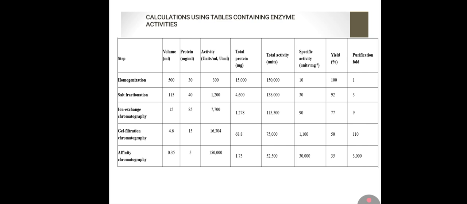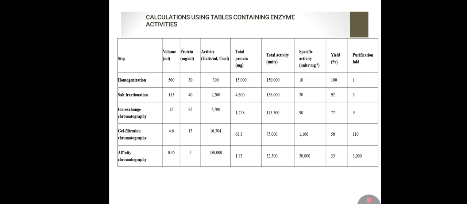In some cases they may not present it in the form of a table. It might be presented in the form of a write-up and ask you to calculate whatever question you are being provided. But every variable on this table is very important. The first column is telling you about the stages of the purification techniques adopted.